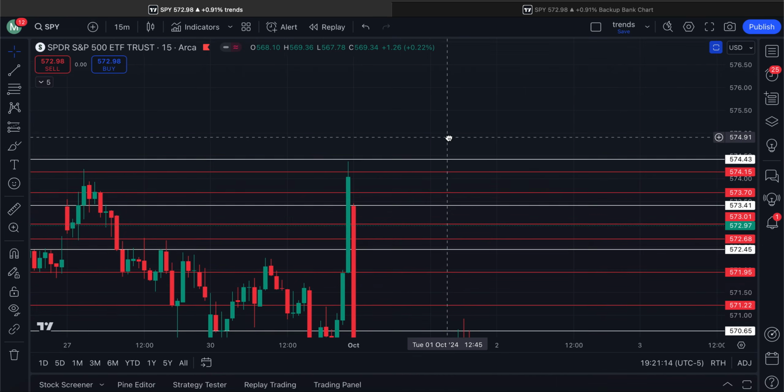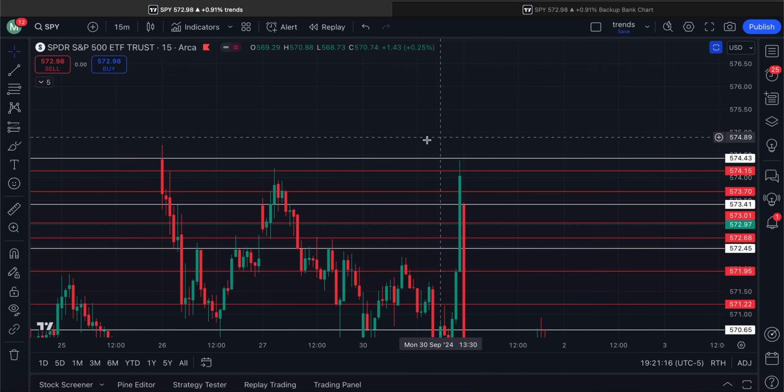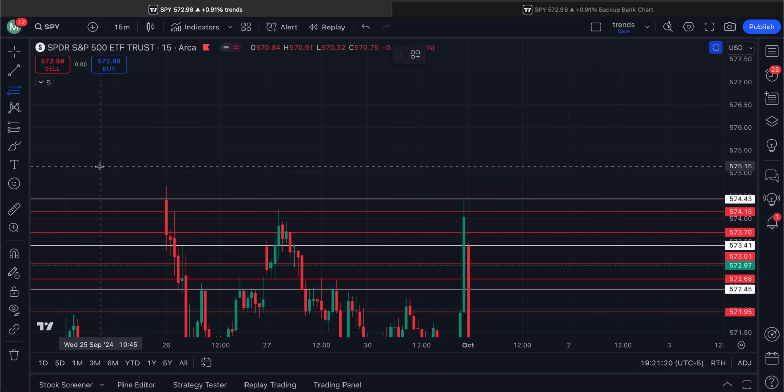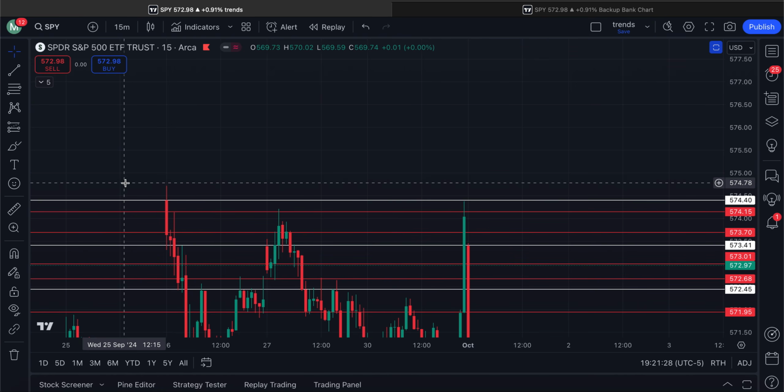And then when it comes to all-time highs, guys, this is all I use: I use the fibs to give me price targets. So let's say I'm going to lower this level a little bit. 574.40.